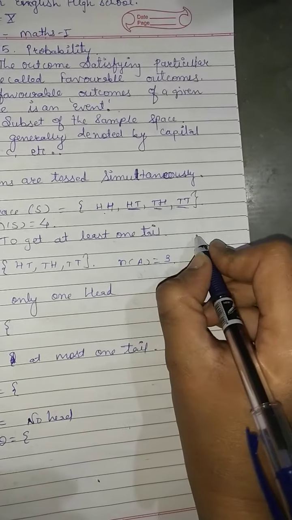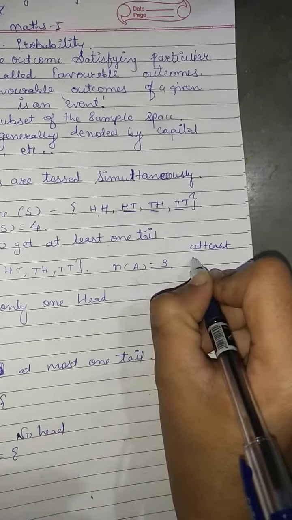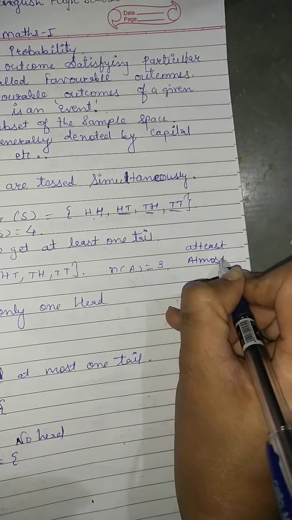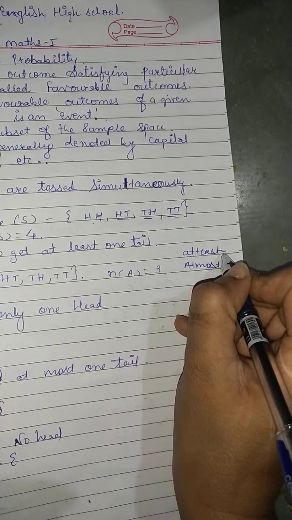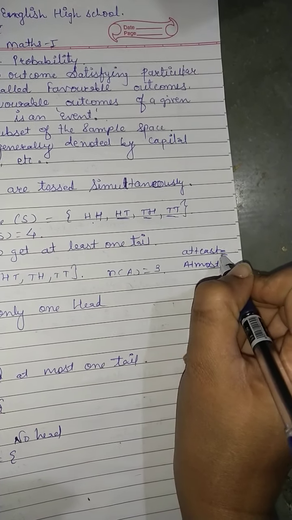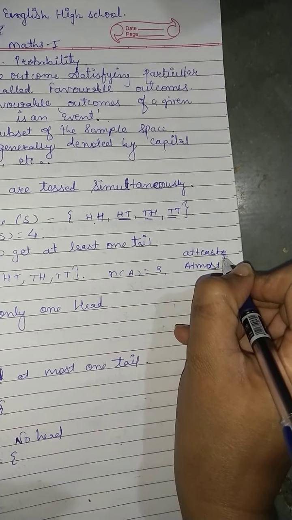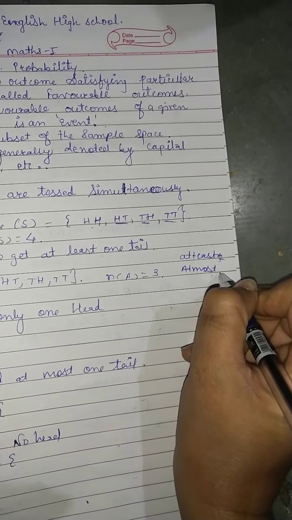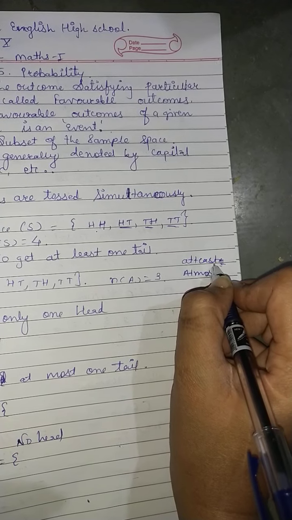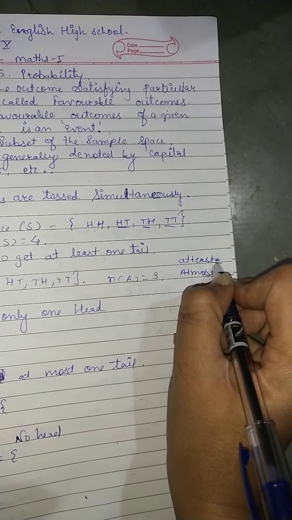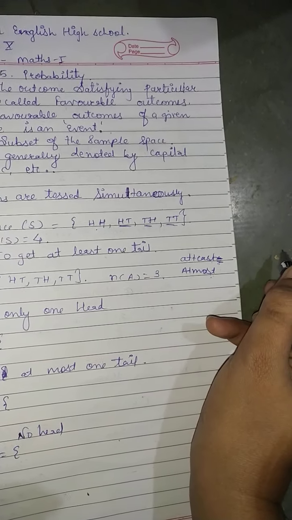Now just clear the confusion between at least and at most. At least in the sense kam se kam, kamit kami. I am explaining this in Hindi because you guys are getting confused between this. So at least means कम से कम उतना तो होना ही चाहिए, कमीत कमी तितकं पाहिजेच आहे. At most maximum, जास्तीत जास्त, ज़्यादा से ज़्यादा. ठीक है, it means that if at least one, one number should be there. कमीत कमी एक गोष्ट तरी पाहिजे, एकापेक्षा जास्त चालतील.